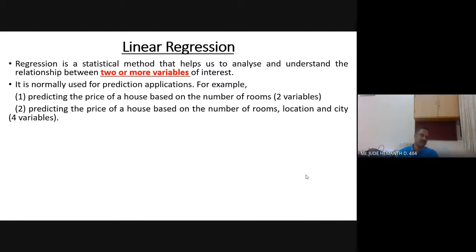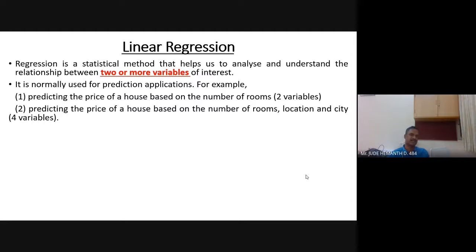The same house price can be predicted based on the number of rooms, location, and city. So the price of the house is a variable, number of rooms is a variable, location is a variable, and city is a variable. So this application has four variables within it.